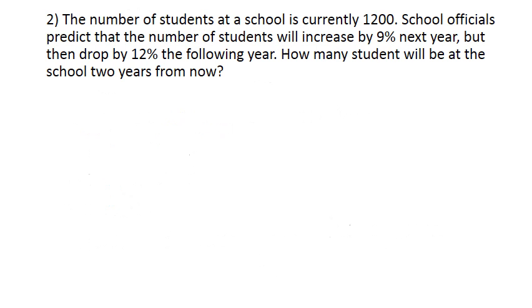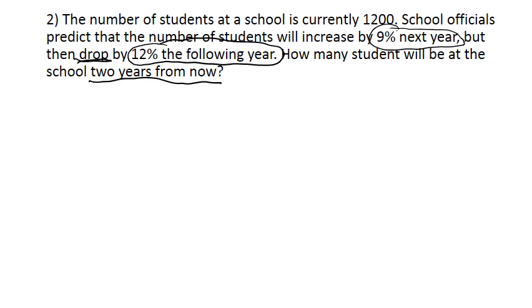Let's do another example. The number of students at a school is currently 1,200 students. School officials predict that the number of students will increase by 9% next year, but then drop by 12% the following year. Drop is important. How many students will be at the school 2 years from now?